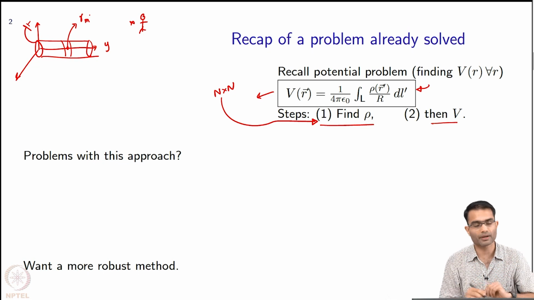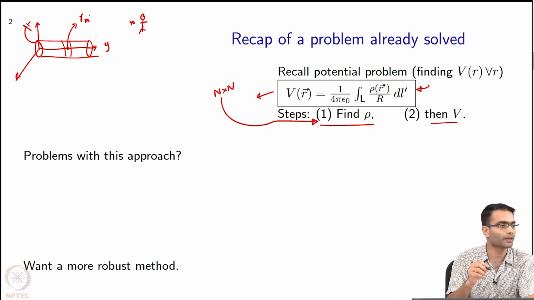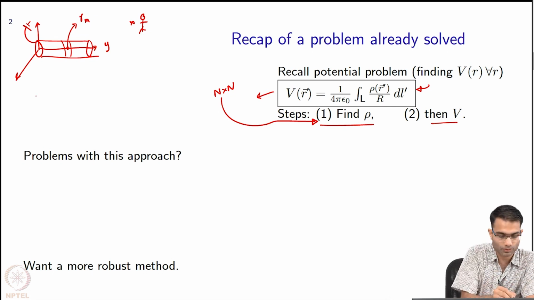So, what did this equation read as? The mth equation in these n cross n. So, the left hand side would be, right. So, there is a 4 pi epsilon, we can keep it on the right hand side.